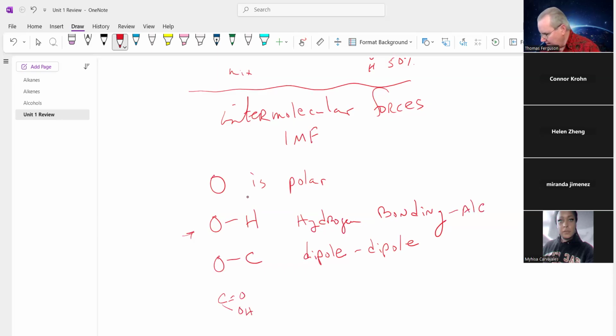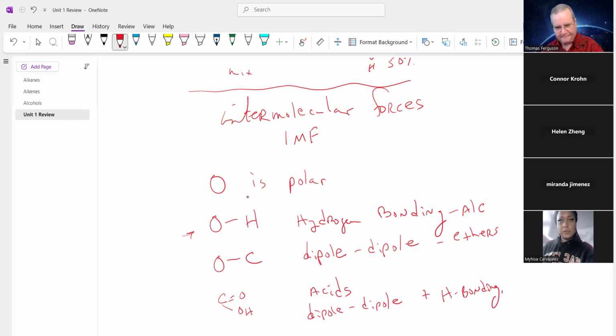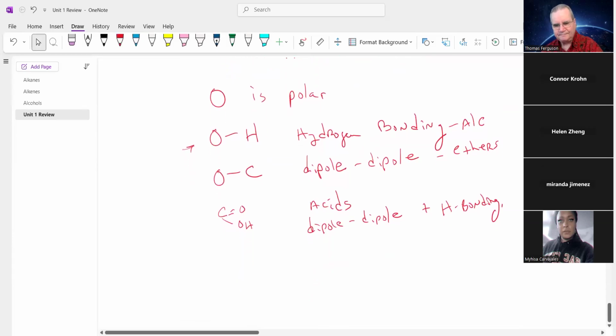OC is ethers, and this is acids because it's got dipole-dipole plus H bonding. We haven't got to that yet. That's unit 3.